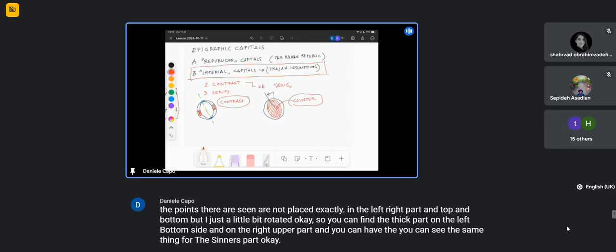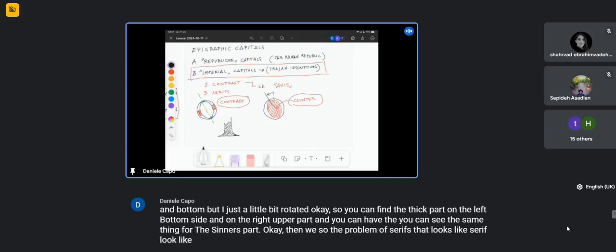Okay, then we saw the problem of serifs. A serif looks like an enlargement of the base or termination of strokes.